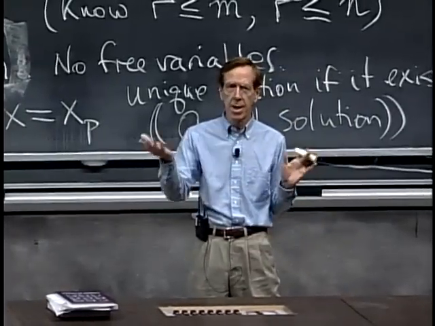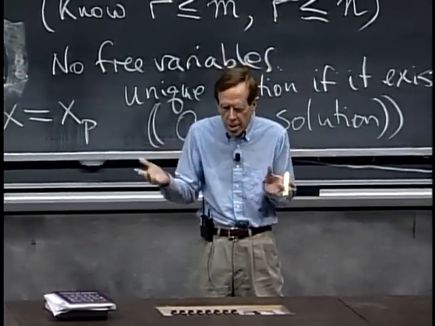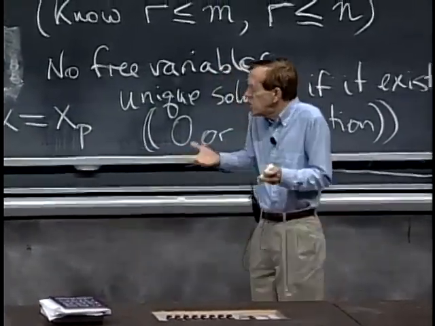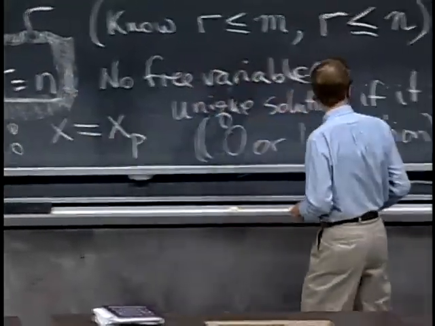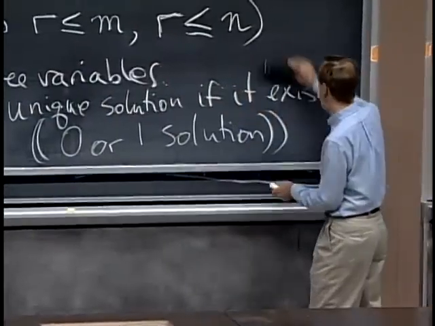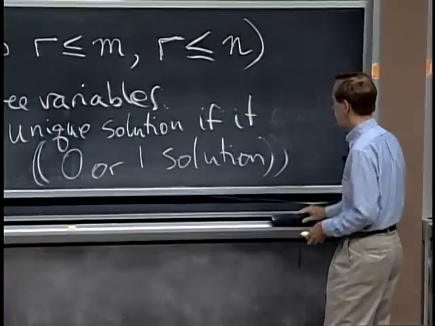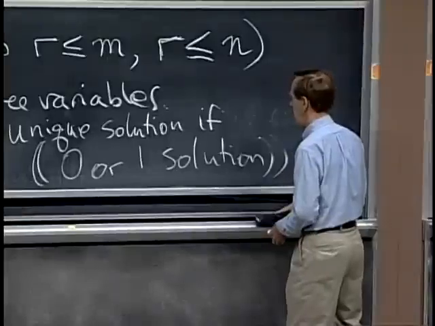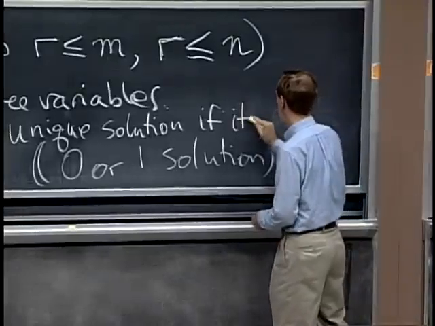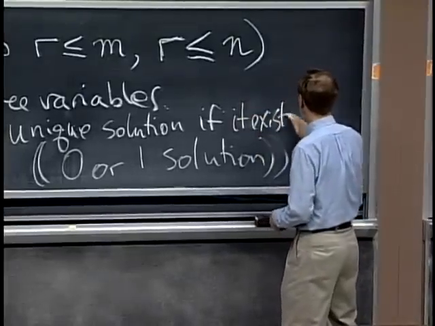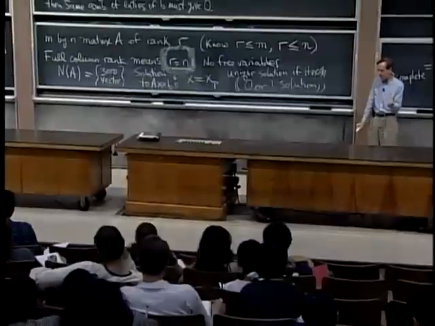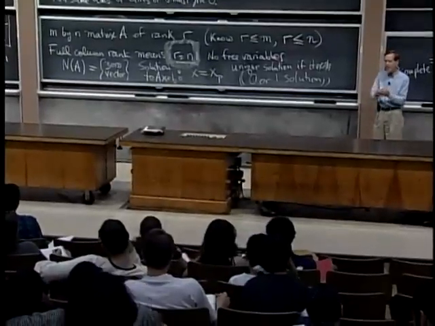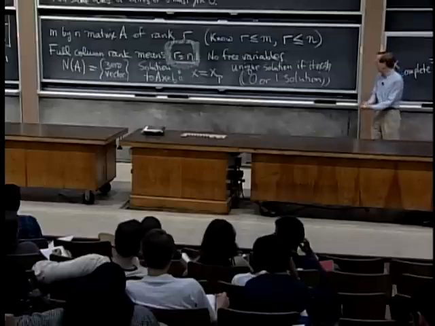So let me create an example. What's the shape of a matrix that has full column rank? Can I squeeze in an example here? It's just the right space to put in an example, because the example will be tall and thin.